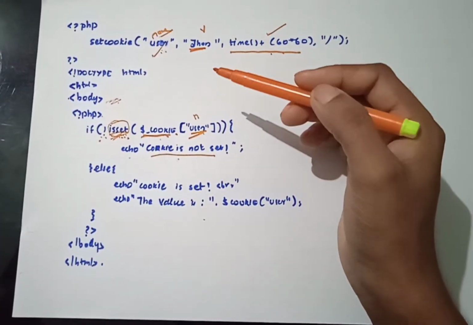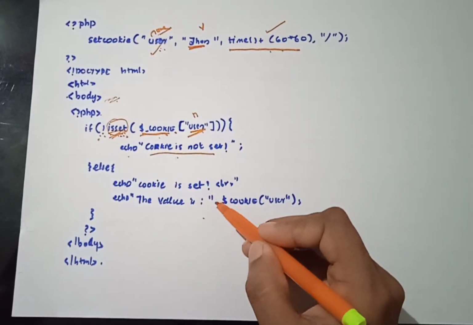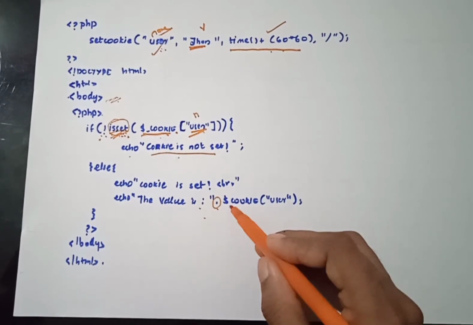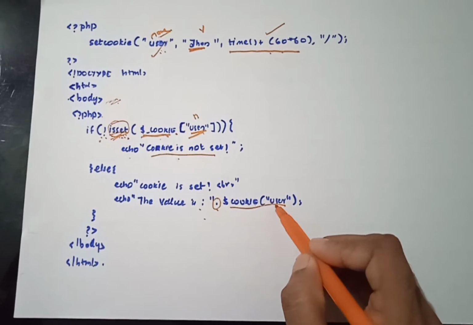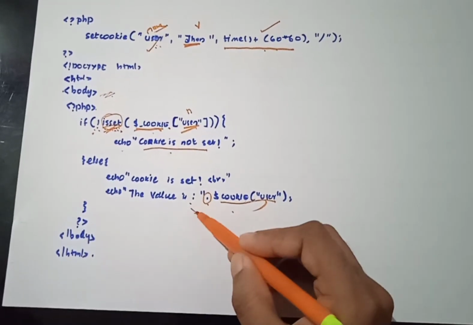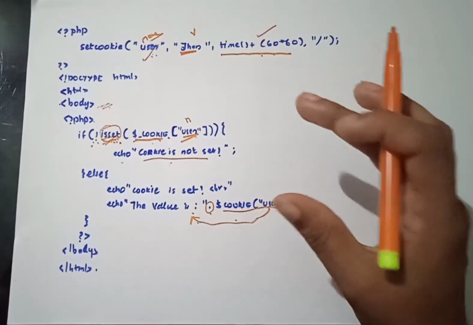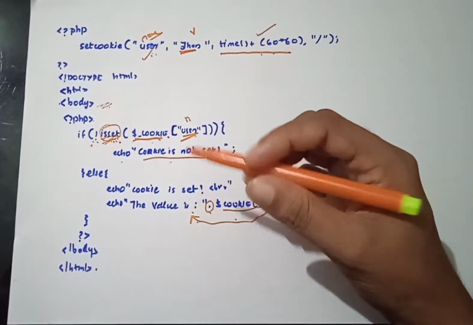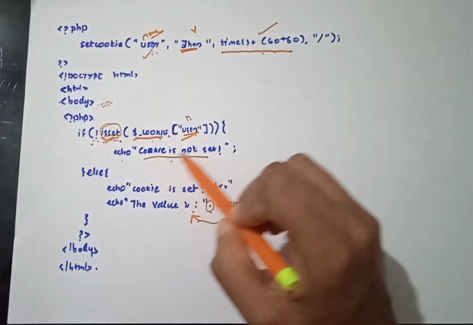For that you can use the value is. Here we are linking this sentence with the cookie value. You are just assigning that user's value to this area. That is the way you can simply output the cookie value, or if it hasn't worked, you can get this output too.